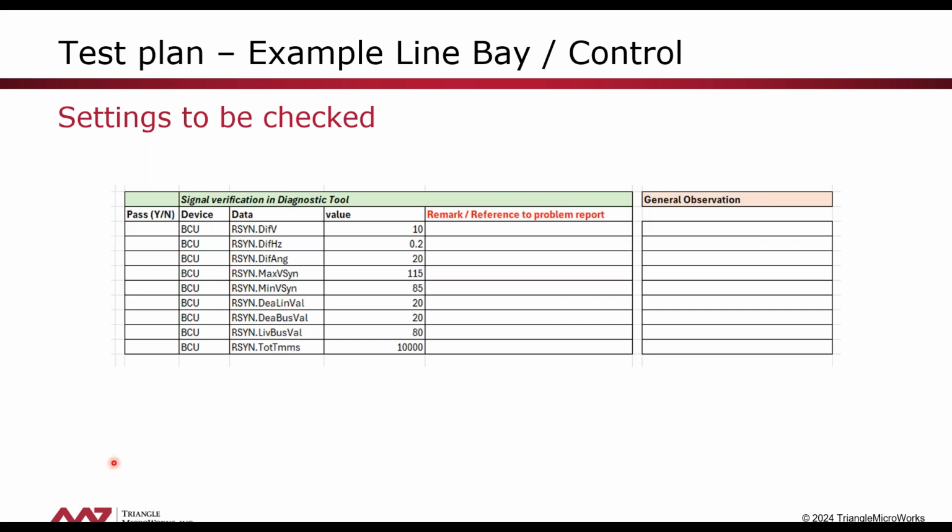In this case, which is from the line bay control and synchro check, we have the settings for the synchro check function that we could check if they were available in the data models according to 61850. Everywhere the witness could put in a pass or fail, or not applicable if it was not there, and they could also add remarks on the test results.